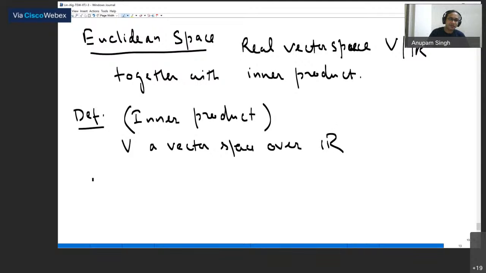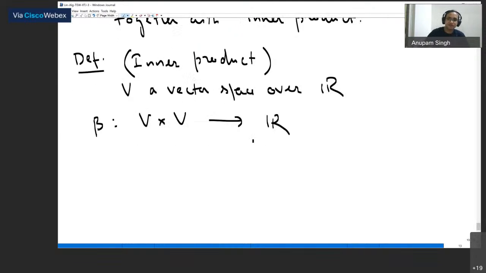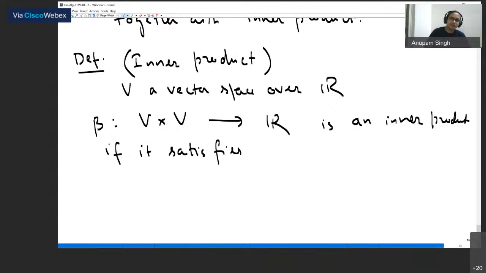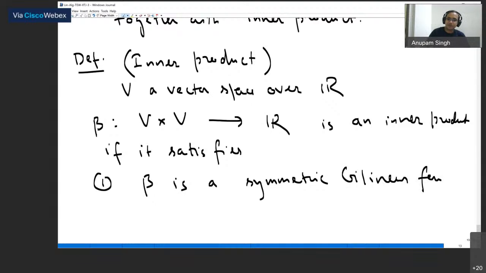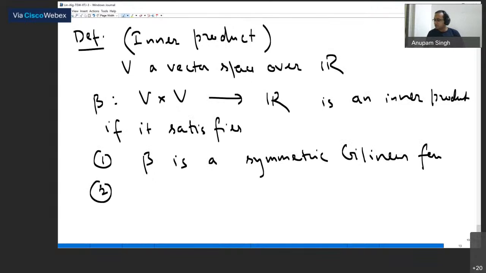and if I have a map, let's say beta, from V cross V to R, it is an inner product if it satisfies: number one, beta is a symmetric bilinear form, and more than that, it is also positive definite.